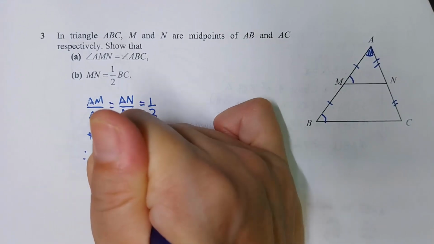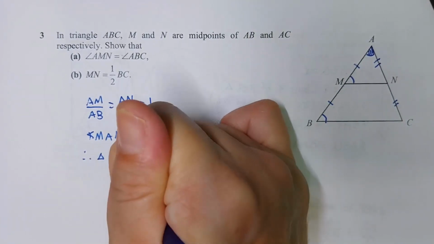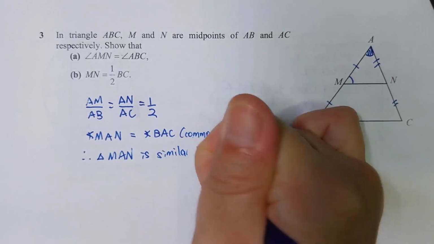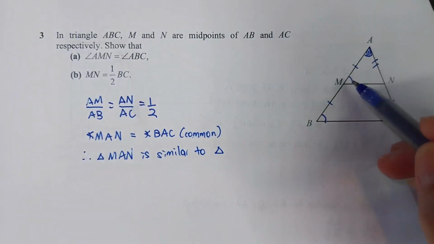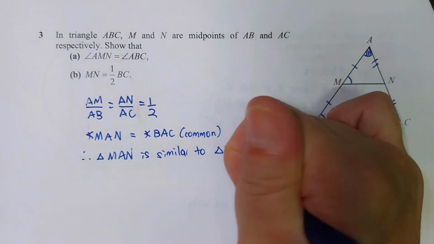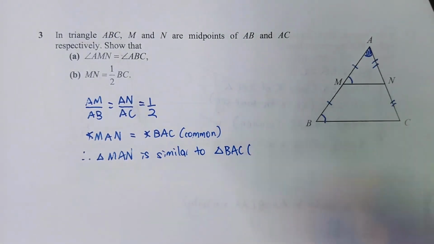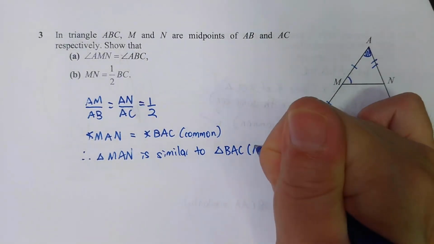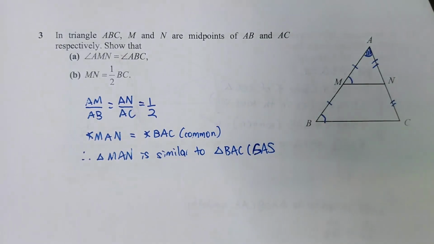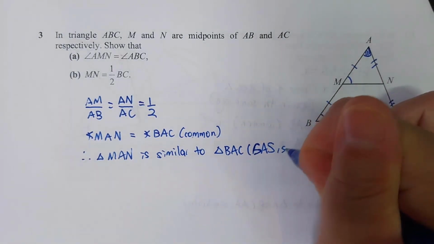Therefore, triangle MAN is similar to triangle BAC. And we will have SAS similarity.